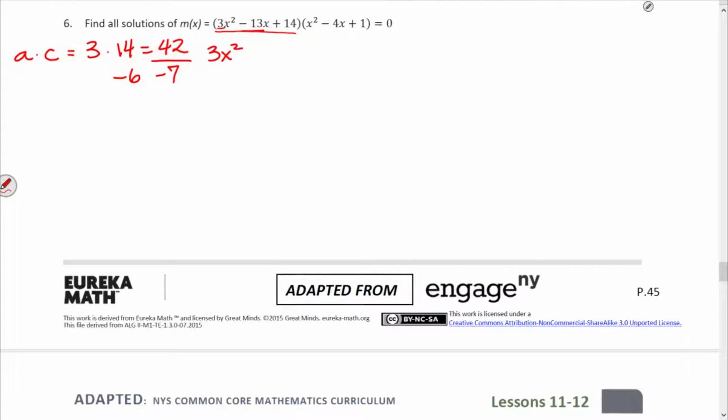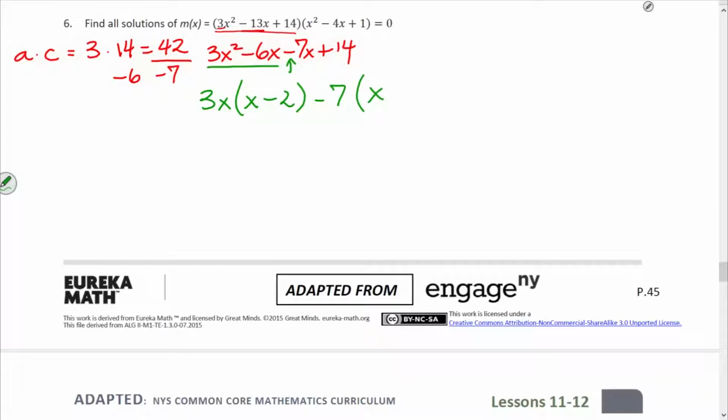So let's rewrite this: 3x squared minus 6x minus 7x plus 14. Then I'll use factor by grouping. For these first two, my greatest common factor is 3x, and I get x minus 2. For this term, which is negative, I'll pull out a negative 7, and I'm left with x minus 2.